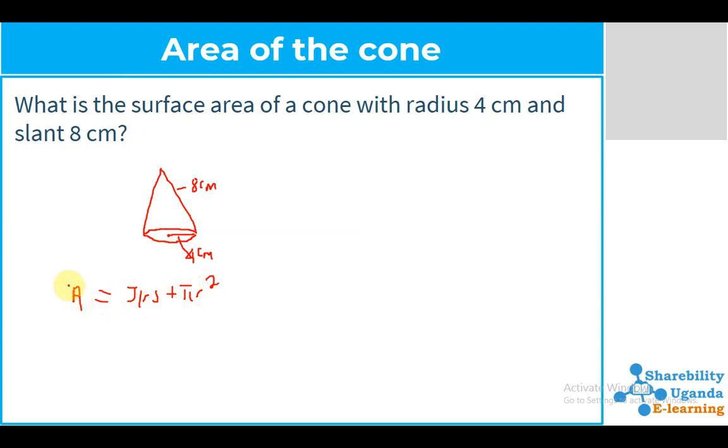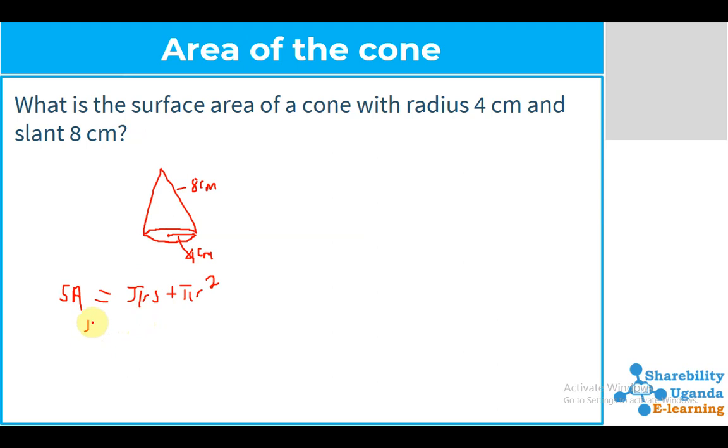Our surface area is equal to pi r s, where s is the slant and r is the radius, which is 4. Then we can apply the formula and substitute as we have been given. Pi is a mathematical symbol approximately equal to 3.14.